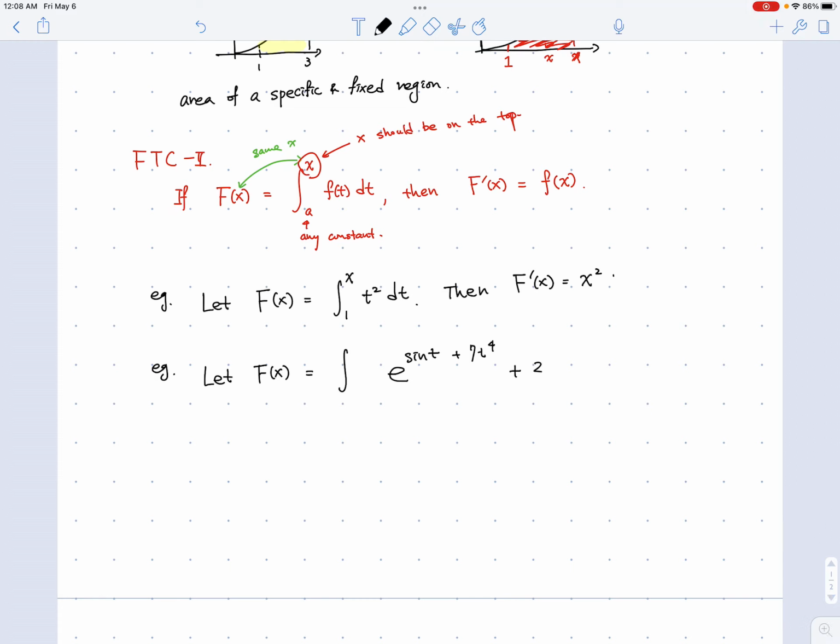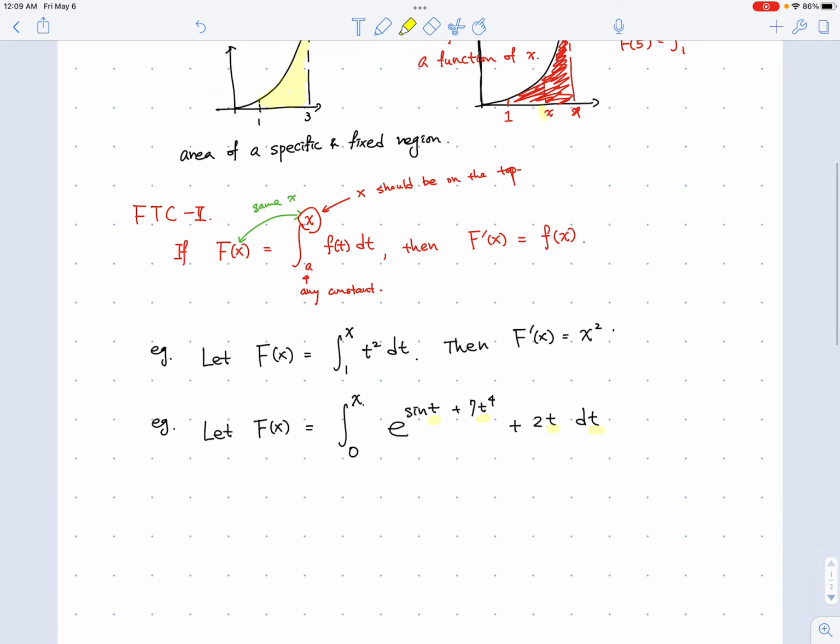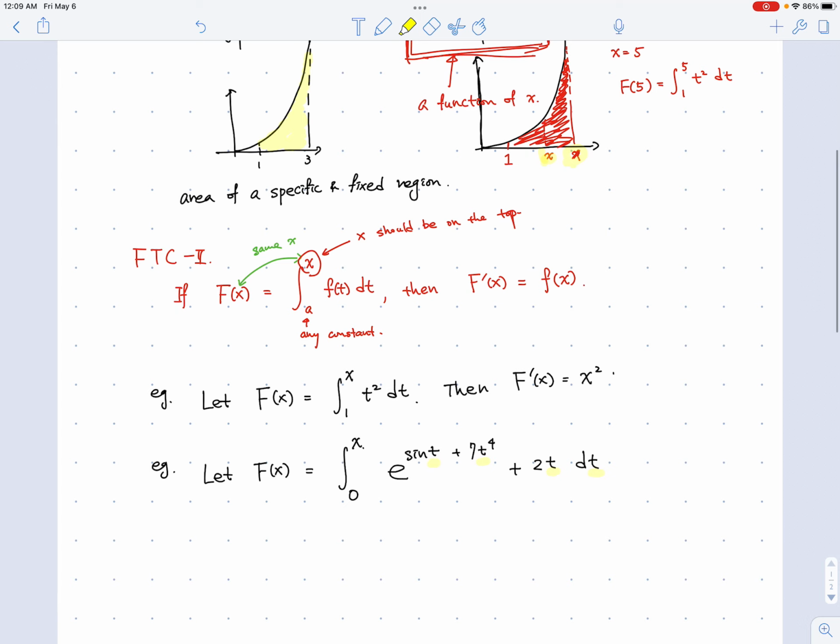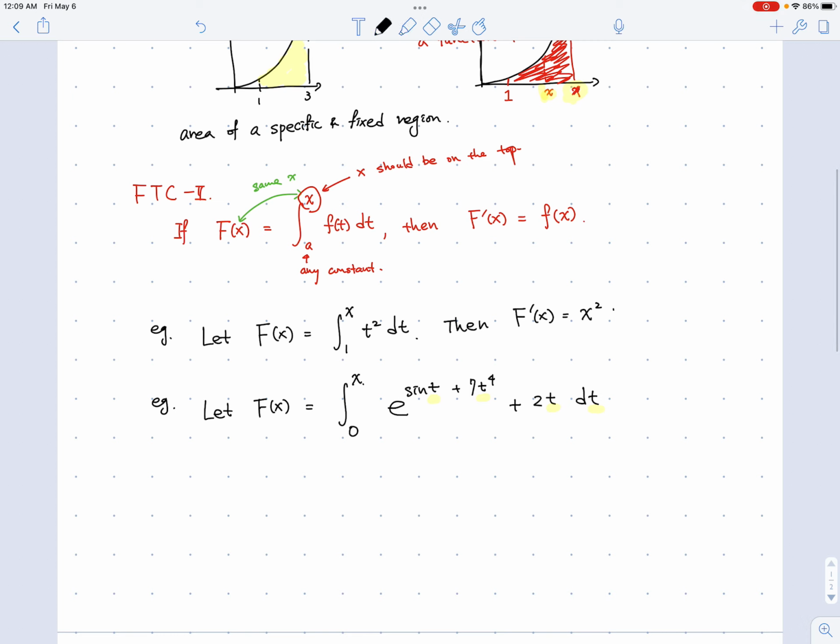And this time we have t going from 0 to x. Make sure that you don't confuse the variables that you use for the curve with the x value that we use as the upper bound of the integral.